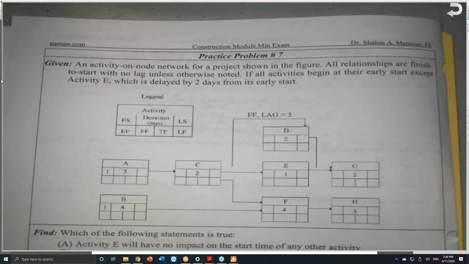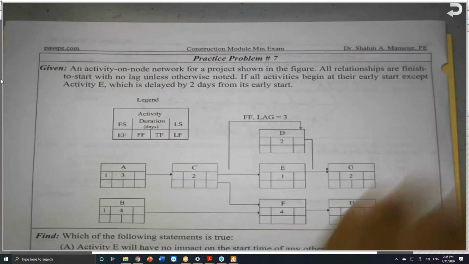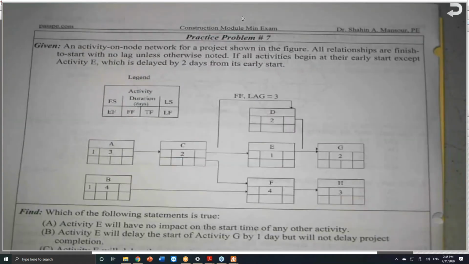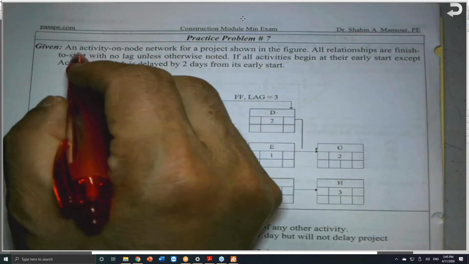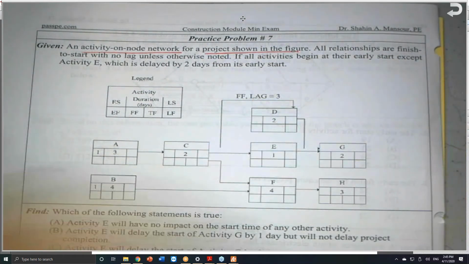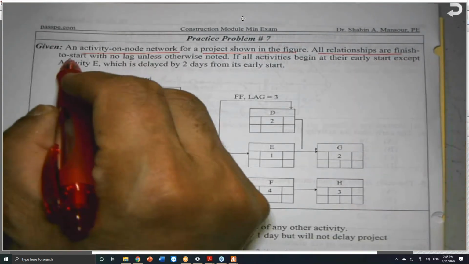Here it is, this problem here. And he is asking what will be... an activity in node network for a project is shown in this figure. All relationships are finish to start.